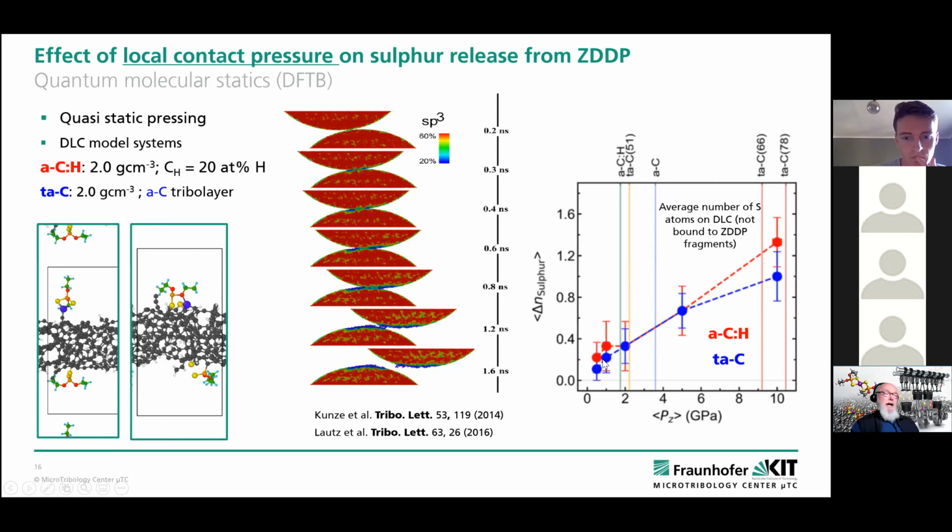First of all, the higher the pressure, the larger the number of transferred sulfur atoms, but there is no influence of the chemistry. So ACH and TAC have, in principle, the same behavior. But interestingly, for the higher hardnesses or the higher Young's moduli, you have more transfer. That would be a hint that the harder coatings get more sulfur, which would be nice to explain the experiments.